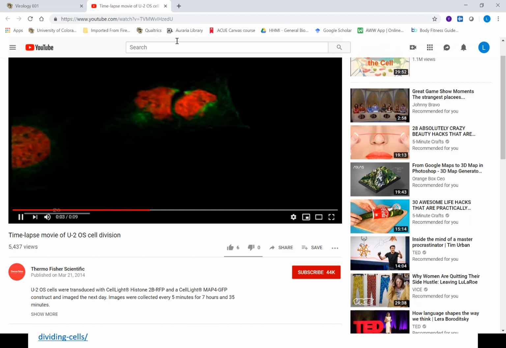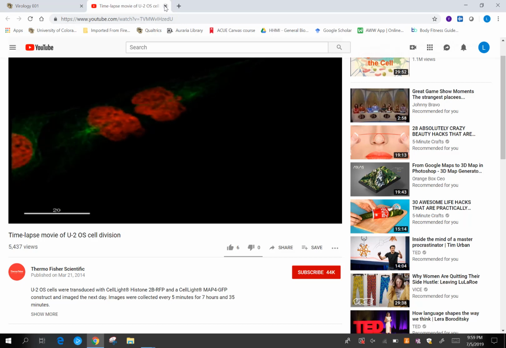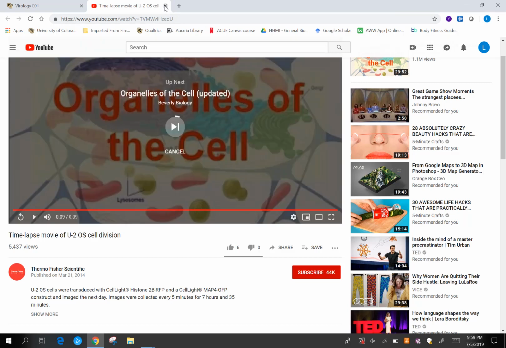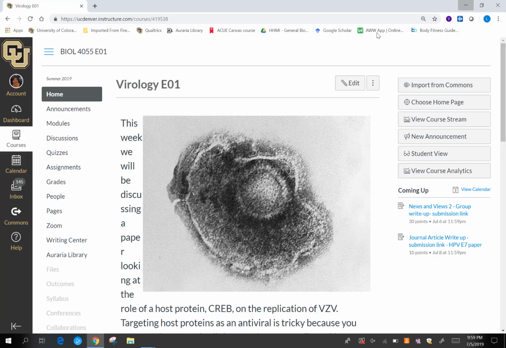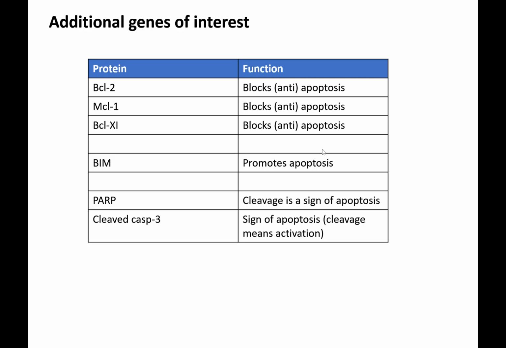And you're going to see with drug treatment or levels of E7, you're going to have different times in mitosis. Finally, but it's actually really figure 6, brings in all these proteins, anti-apoptotic proteins, promoters of apoptosis, signals of apoptosis.